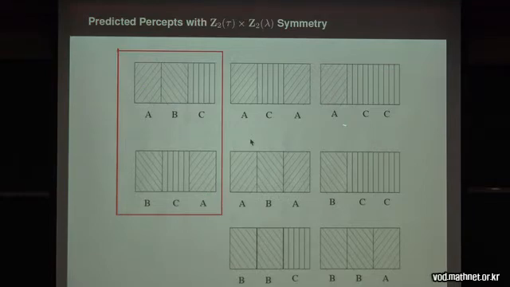And then it's the same over here, ACC, BCC, because C occurs in the middle and on the right, and so forth. So you get these 8. If you were to assume that the connections were the same strength, the symmetry group would be larger, and you would actually get more percepts. So this is one way to test this in the model.